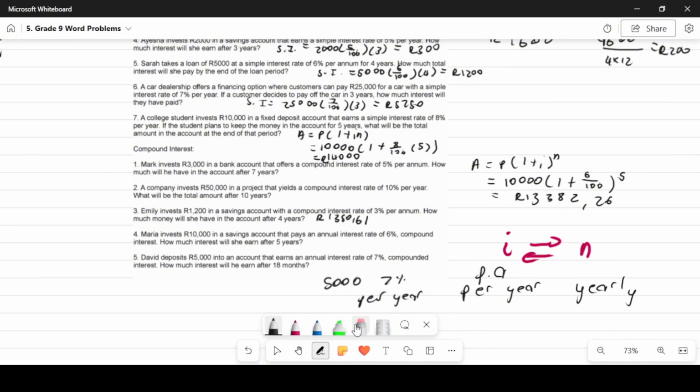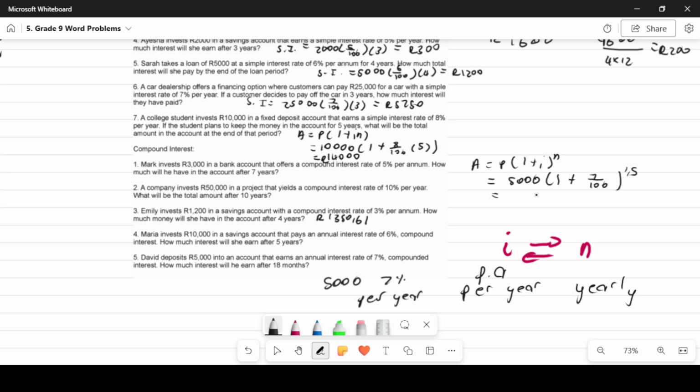So if we solve this, we should get A is equal to P into 1 plus i to the power of n. So that's 5,000 into 1 plus 7 over 100, raised to the power of not 18, but 18 divided by 12, which is 1.5.